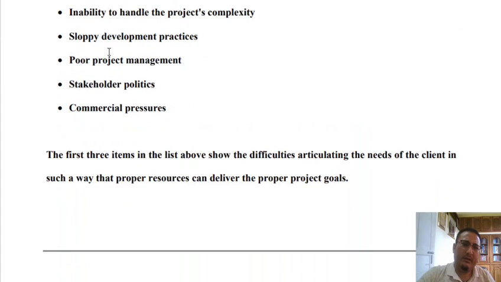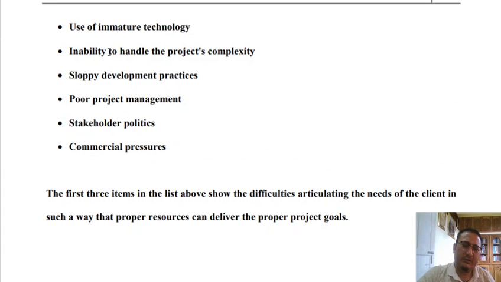Now, use of immature technology. Instead of relying on an advanced fourth generation developmental platform, if we use a third generation platform, then definitely the overall software project management process cost may increase, which may lead to failure. Now, inability to handle the project complexity.